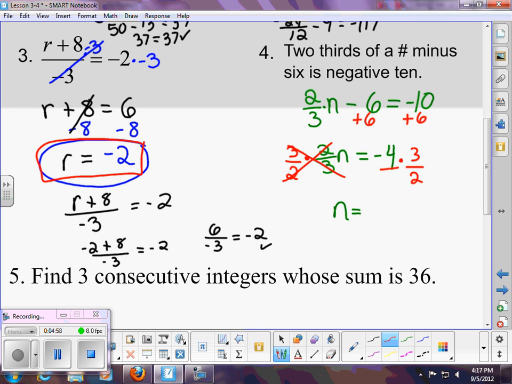Remember, we can place that negative 4 over 1 so that we have a fraction, and fractions are multiplied across in the top and across in the bottom. Negative 4 times 3 would be negative 12. 1 times 2 would be 2. And, as always, with our fractions, we need to see if we can reduce. Negative 12 divided by 2 is negative 6.